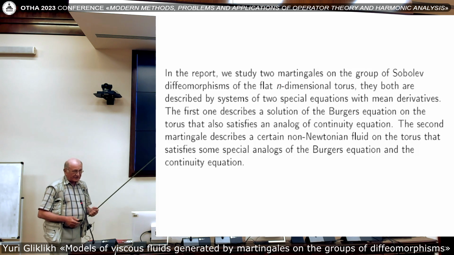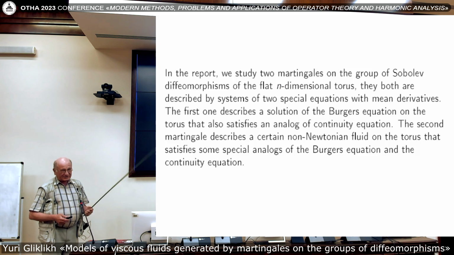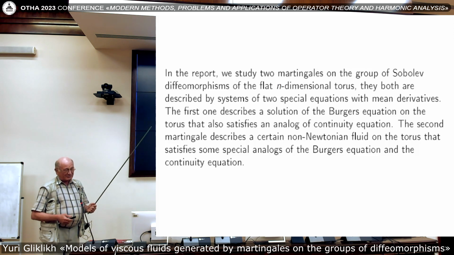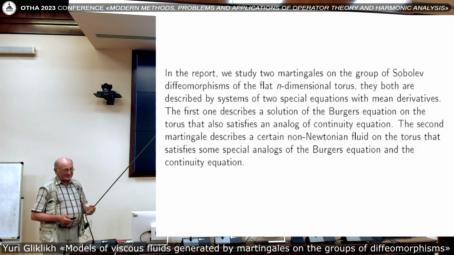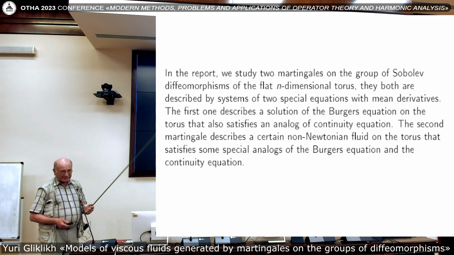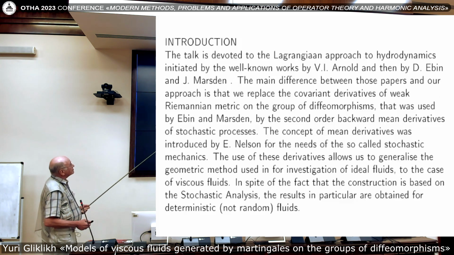So first of all, I'll describe what mean derivatives are, and the equations with mean derivatives. Then something about those Sobolev groups of diffeomorphisms, and only after that those two equations, and what sort of Burgers' equation we obtain.